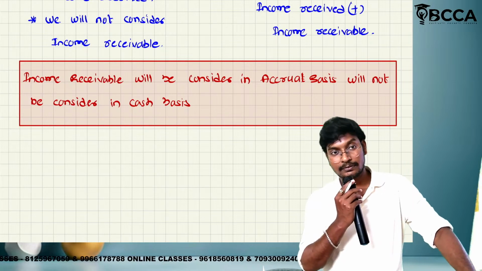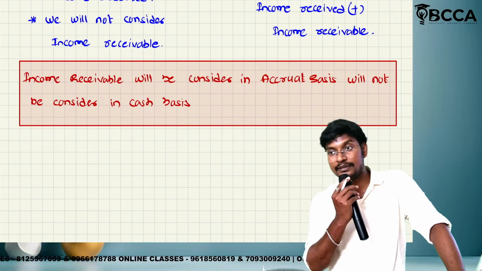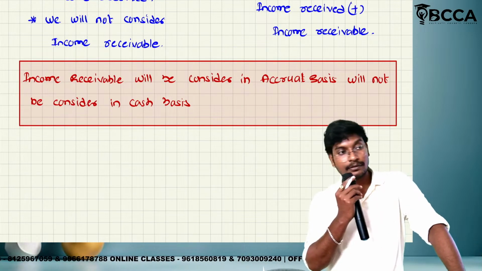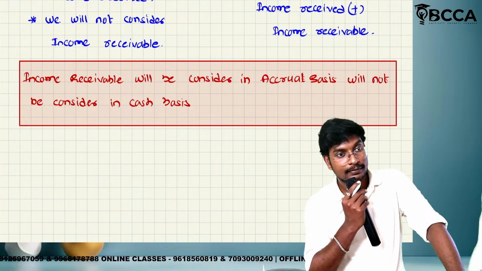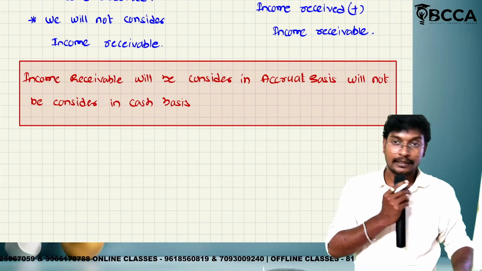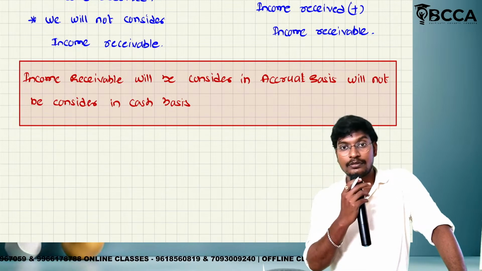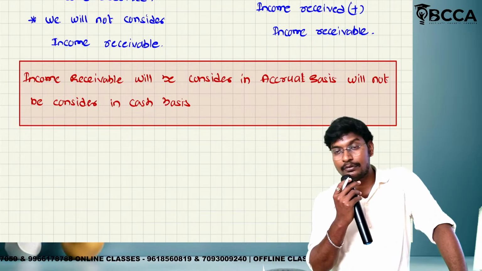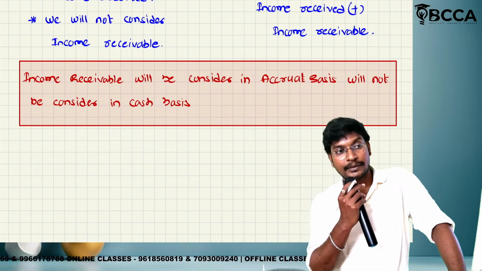The next concept, income received in advance, will be discussed in the next class. Okay, guys? So in this class, we have discussed the outstanding expenditure. Outstanding expenditure means what? We have to pay in the current year, but we have not paid. What is the outstanding expenditure entry? Expenditure account debit to outstanding expenditure account. Next, prepaid expenditure.